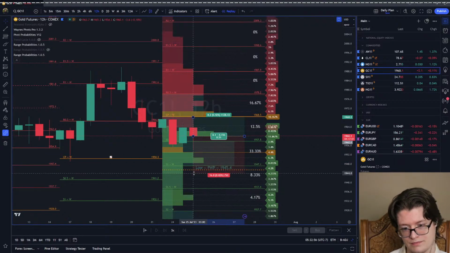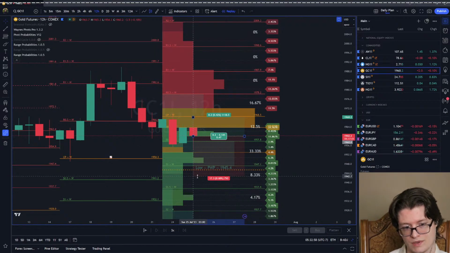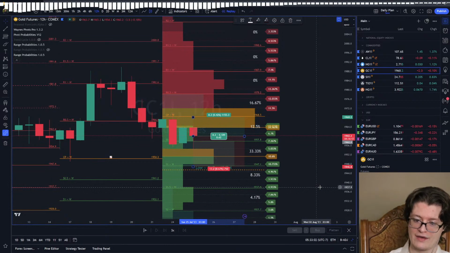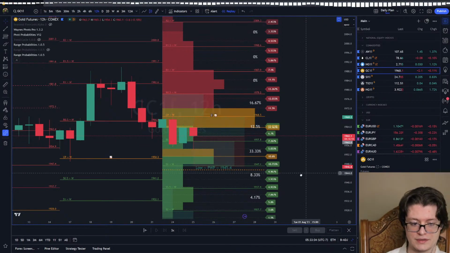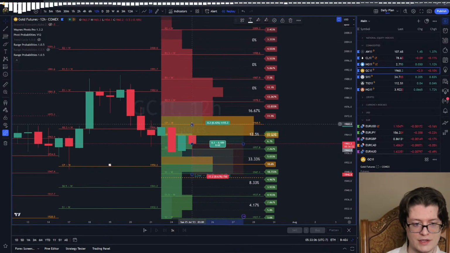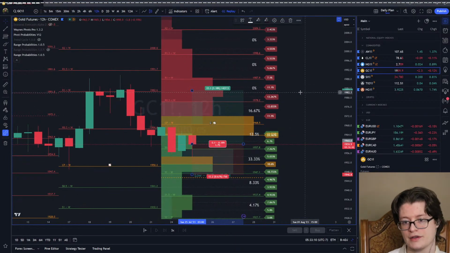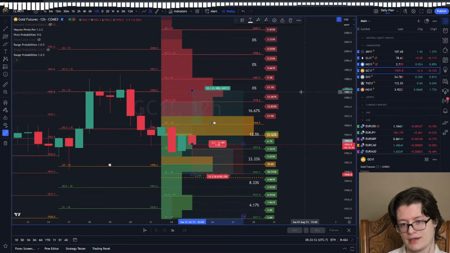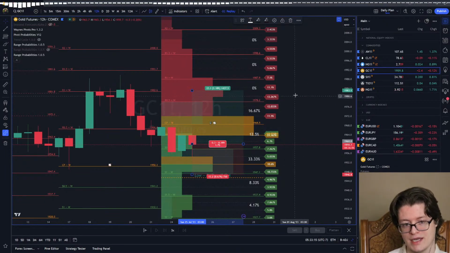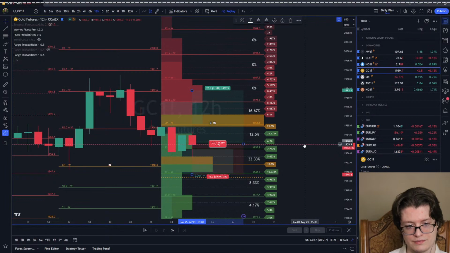Man, that'd be a pretty first stop though. You would have to have your stop in the 1940s. And then the ideal target would be these prior highs here, effectively taking prices back to the 1980s on gold.